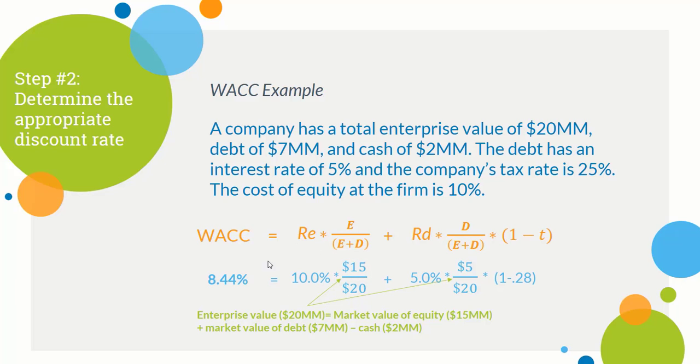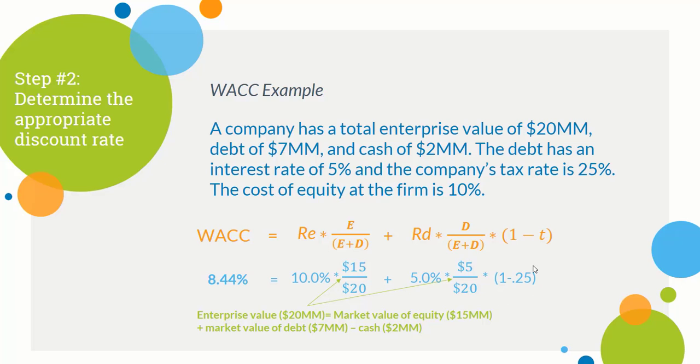Next, after we calculated the part of the equity, we add in the cost of the debt, which is the interest rate of 5% right here, times the amount of debt at the company, which is $5 million, the net debt. And how we got net debt was taking the $7 million in debt minus the $2 million in cash, divided by the $20 million, which is the enterprise value.